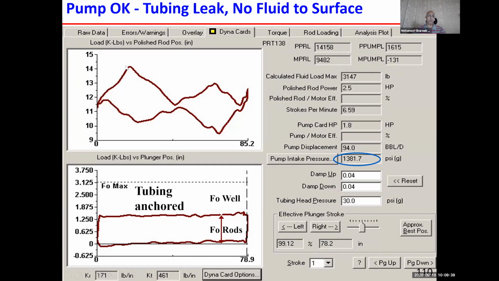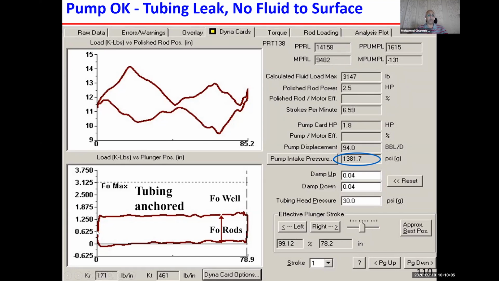If I find the peak polished rod load is less than normal, because this should be a summation of fluid load, friction loss loads, and the weight of the string, if I start to calculate this and find it is less, that means one of my parameters is not correct. The rod, it's not easy. Did I lose my rod? If I lost my rod, I cannot find a downhole card like this.